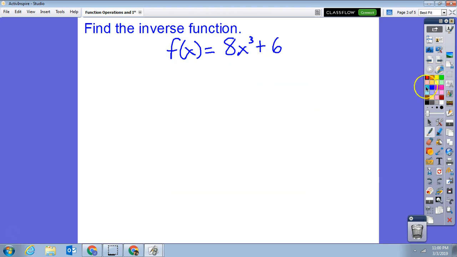Let's do one more quick one, finding the inverse of this function. Now I'm going to go through this, like I said, relatively quickly, but it'll give you another one. You could try it, pause the video, and then see if you got your answer right. So you switch the x and y.